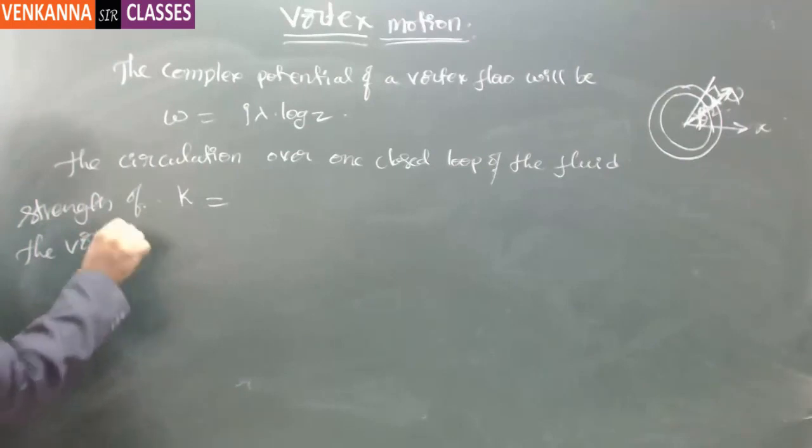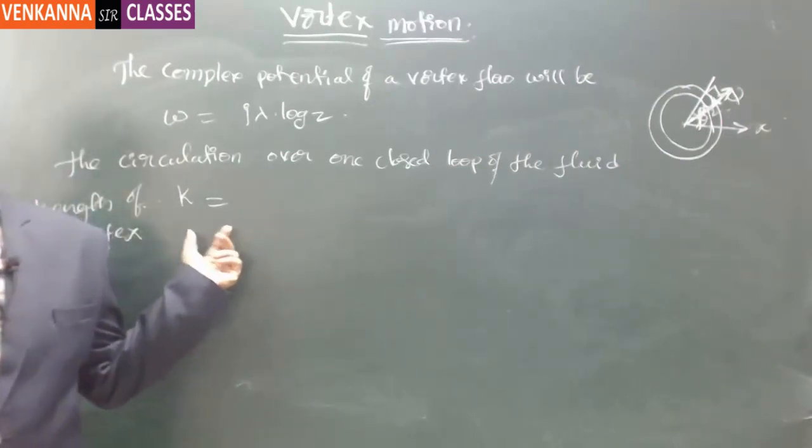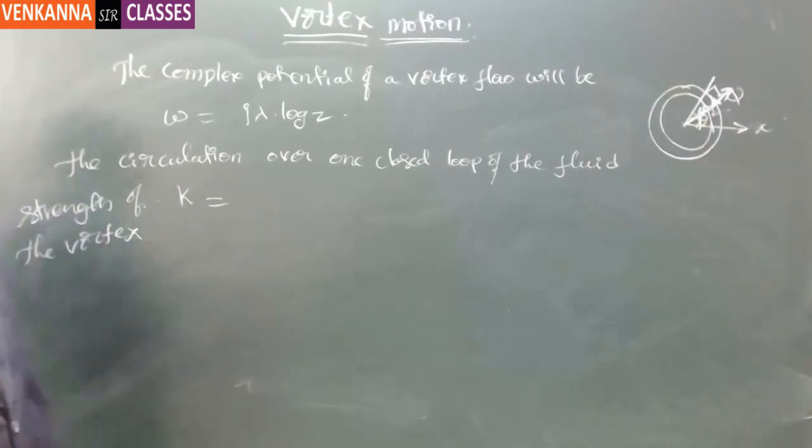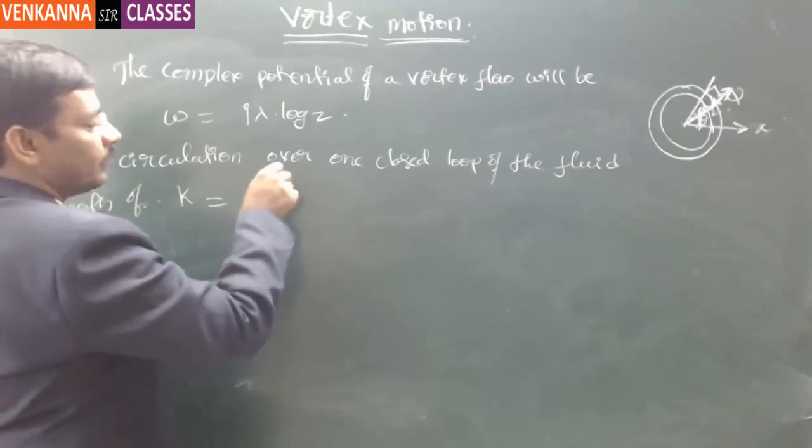I explained this: the strength of the vortex is nothing but the circulation value. So the circulation is nothing but K. So K is taken over the angle 0 to 2 pi.